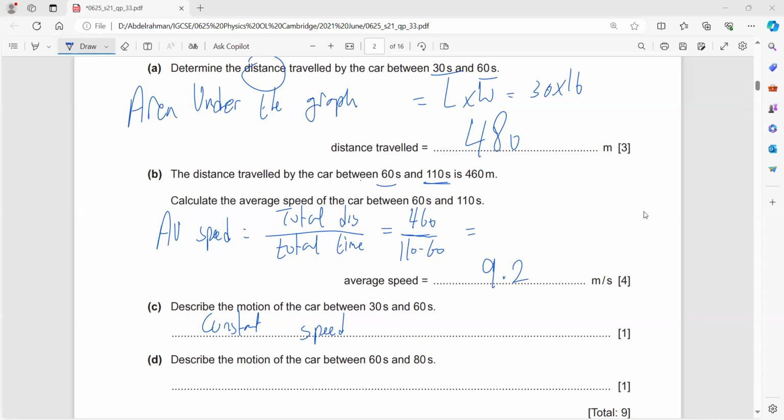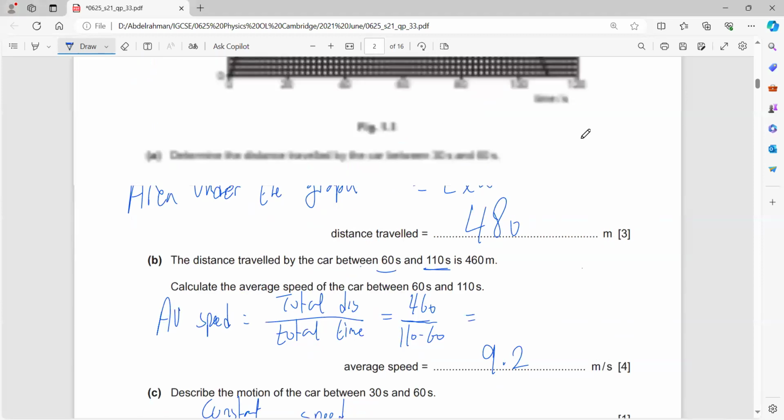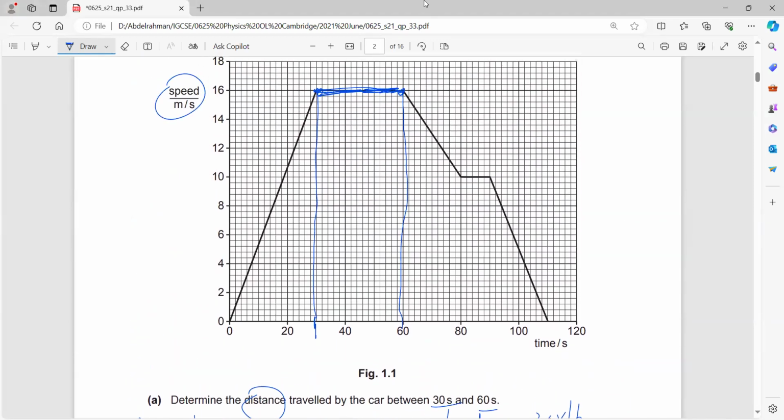Next question. Describe the motion of the car between 60 and 80. What's happening between 60 and 80? It's decreasing. Mister, can I write down decreasing? No, decreasing alone is wrong. You can write down decelerating. That would be okay. What does decelerating mean? It means that it's slowing down.